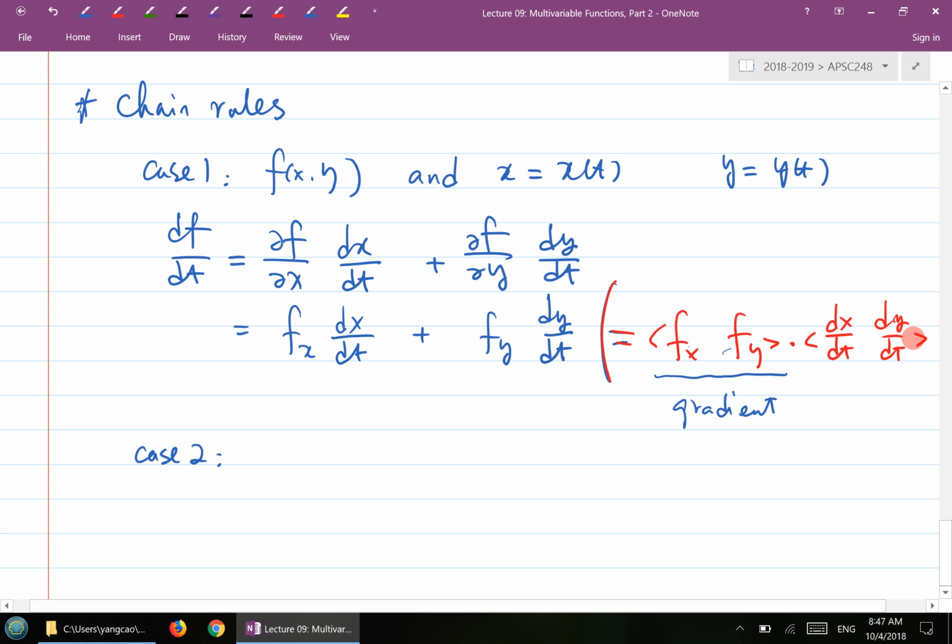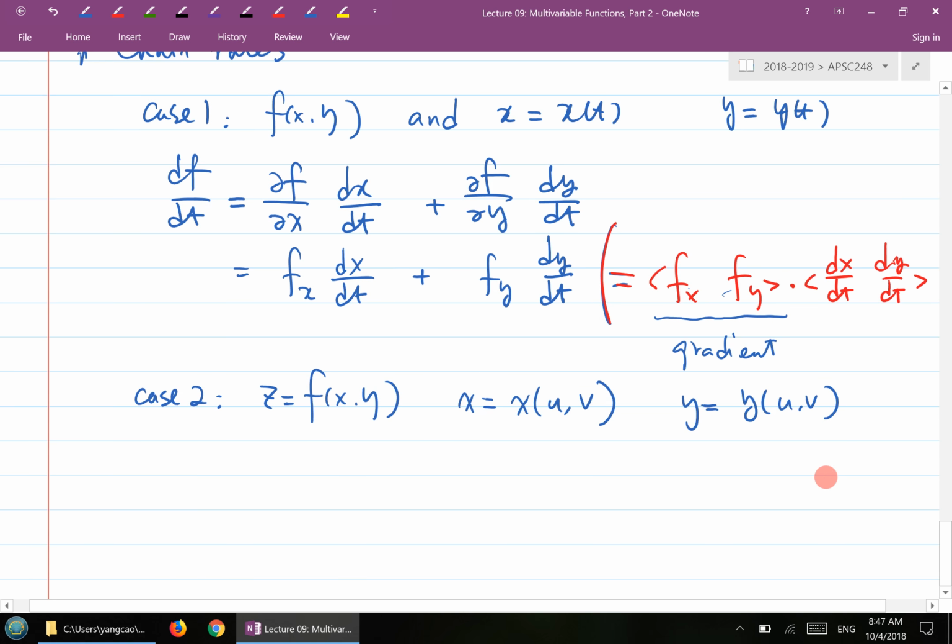Let's look at the second case. This is one a little more common. If we have a function of two variables, for example, x can be another function of two variables, and similarly, y can be another function of two variables. So if you plug x and y into the function f, then function f is ultimately a function of u and v.